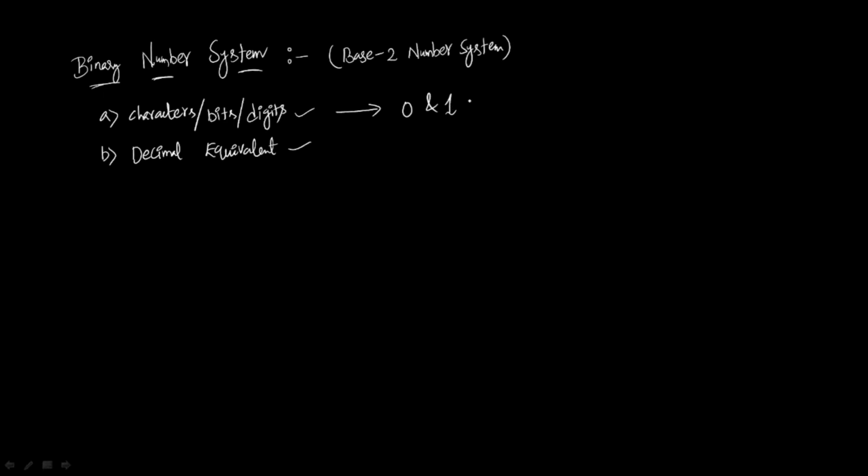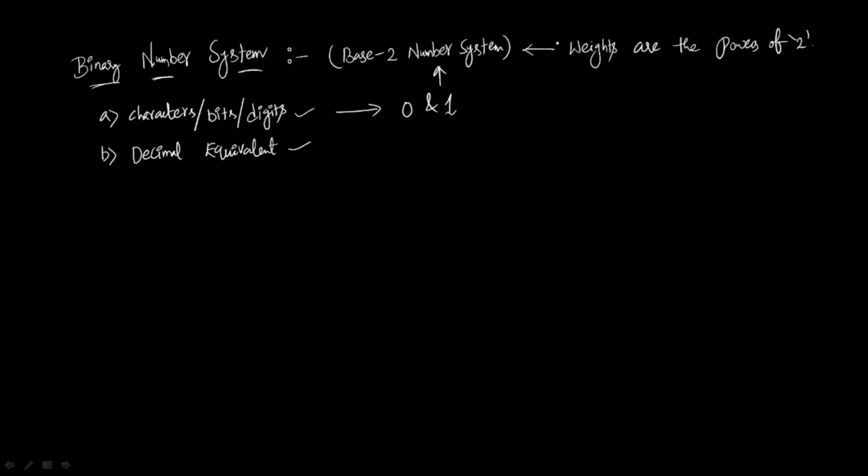And another reason is the weights are expressed as polynomials of 2. So the weights here are the powers of 2. If you want to understand what is meant by a weight, what is the significance of this term in a number system, you can go through the decimal number system video which we have seen already.